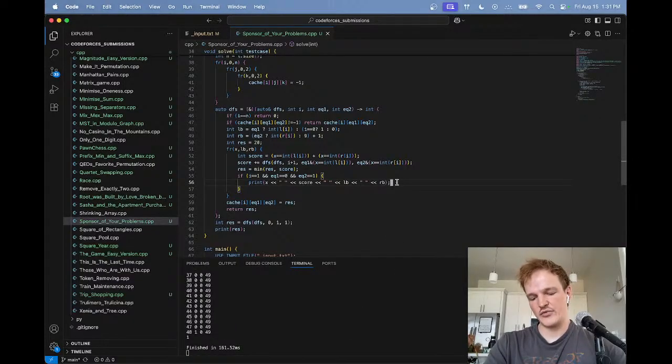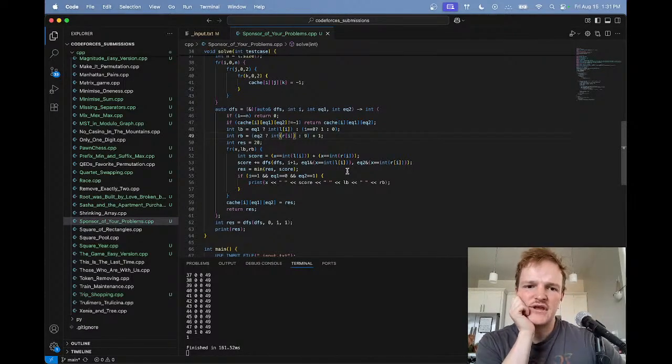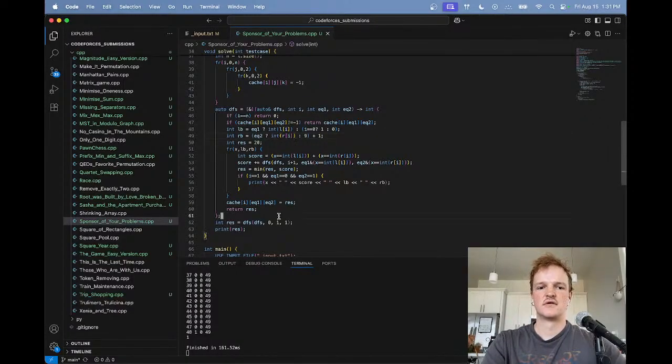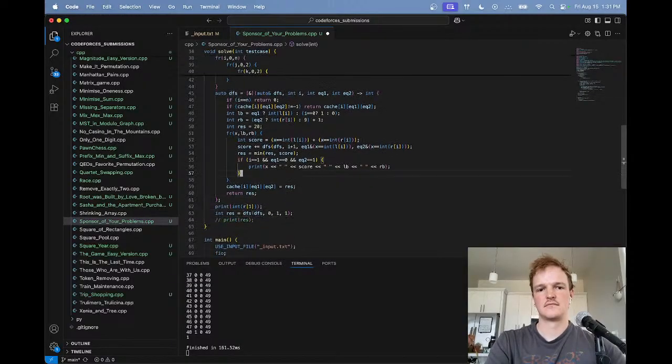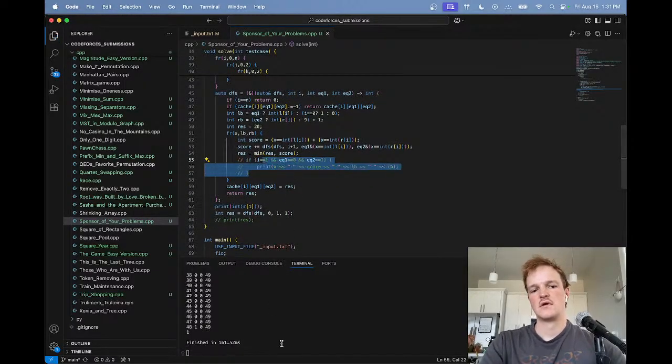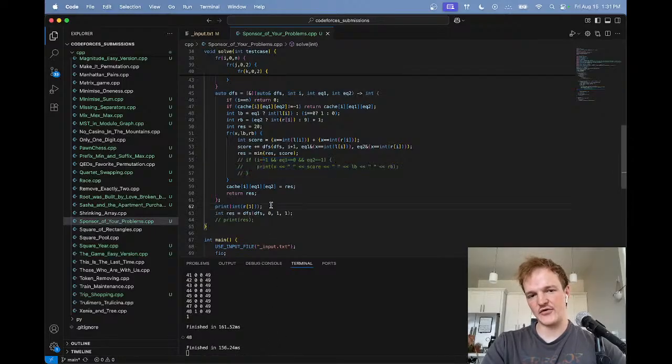That's correct. RB should not be that. I'm guessing it's like an integer conversion thing. Int L at I, int R at I. Okay, it's that I'm converting to integers and it's not doing the right thing.